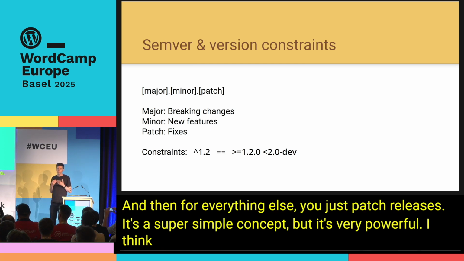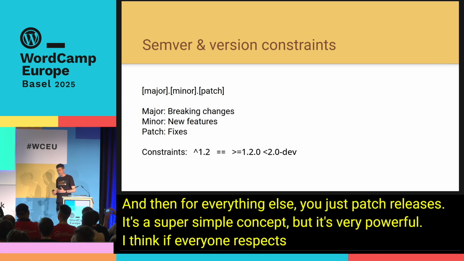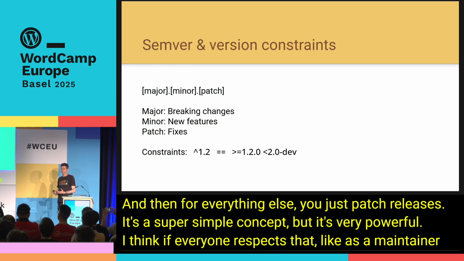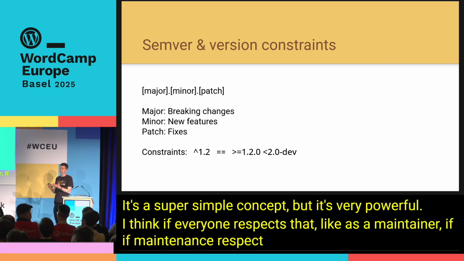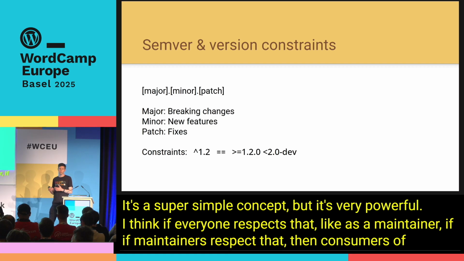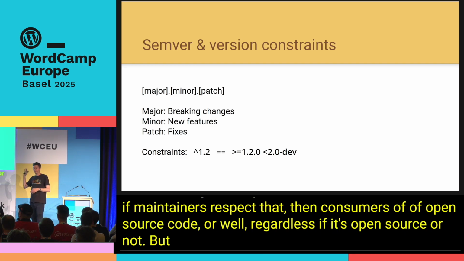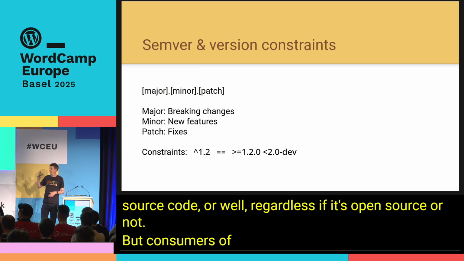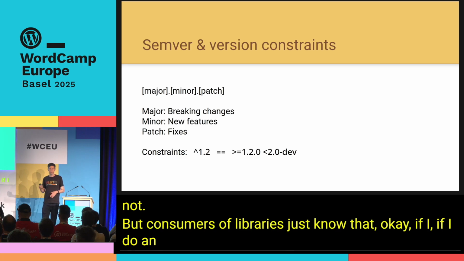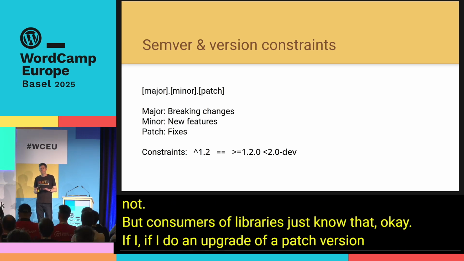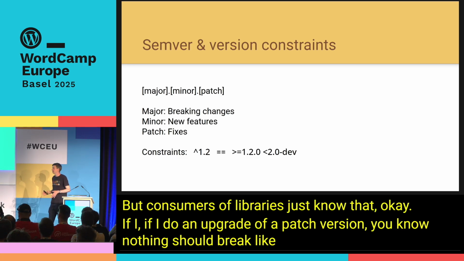I think if maintainers respect that, then consumers of libraries, regardless of whether it's open source or not, just know that, okay, if I do an upgrade of a patch version, nothing should break. Theoretically, this should be safe.